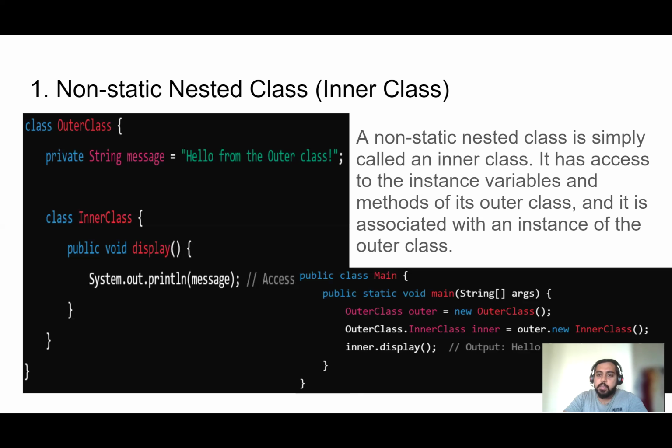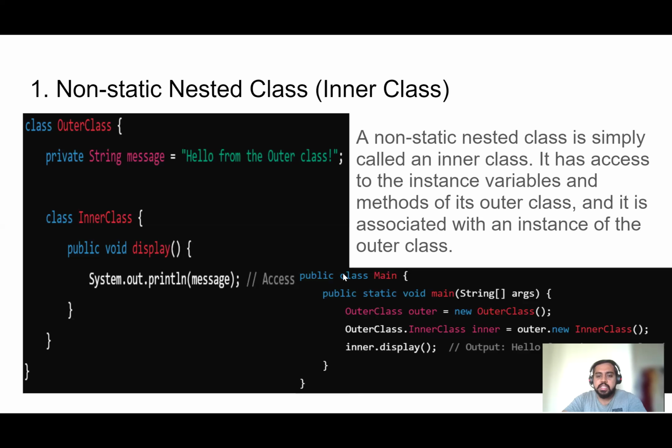A memory gets allocated first for them when you run the application. The JVM, the Java Virtual Machine, will first create memory for that and keep it in static memory. So irrespective of creation of an object, you can use that wherever you want. So here, this is just a normal class I created, which is not static. That is why it is called a non-static inner class, or simply an inner class.